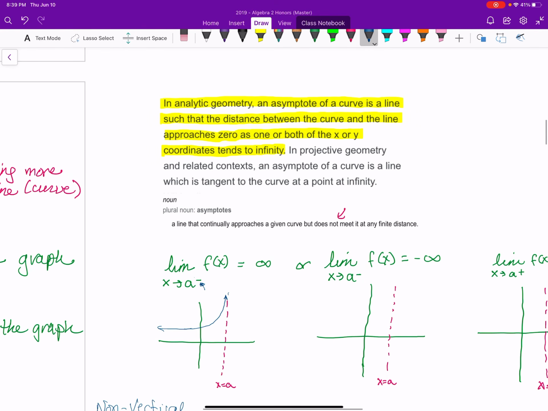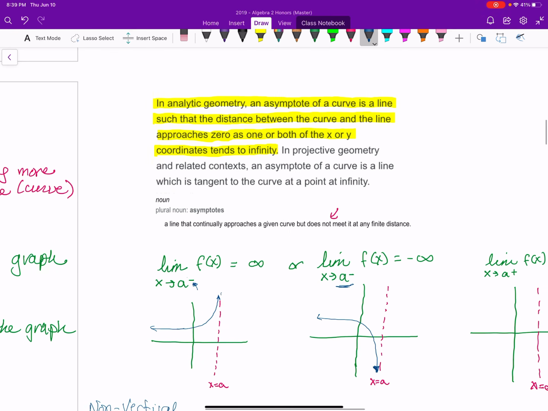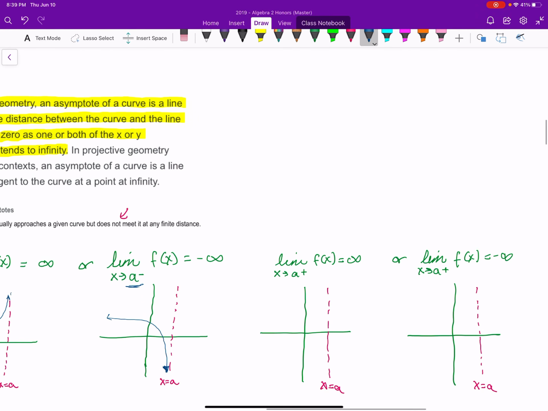The other option is that I'm approaching a from the left-hand side, but the function tends to negative infinity. That means it's going to start going downwards at that asymptote. That's a vertical asymptote. Either it's going to go to positive infinity or negative infinity if I'm approaching from the left, or it could do it from the right, or from both sides. To show that we're approaching from the right, from the positive end of the number line, and going to positive infinity, it would look like this.